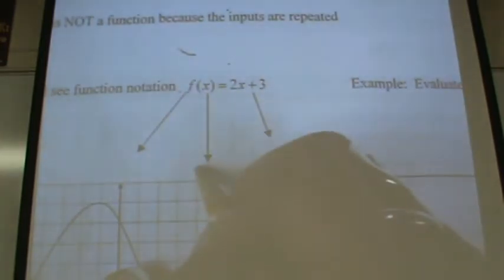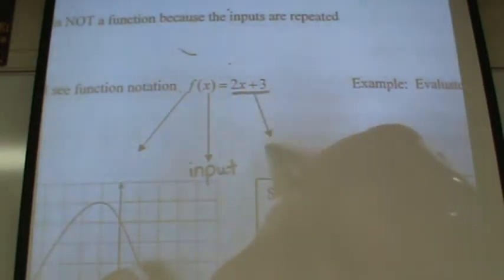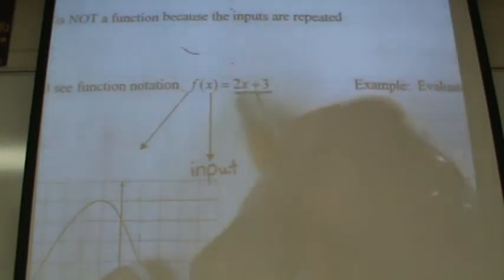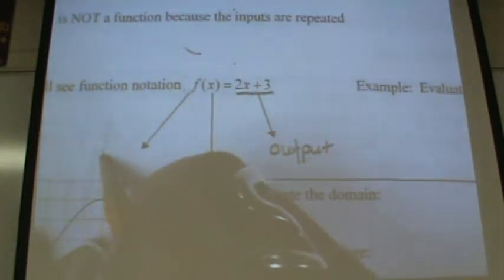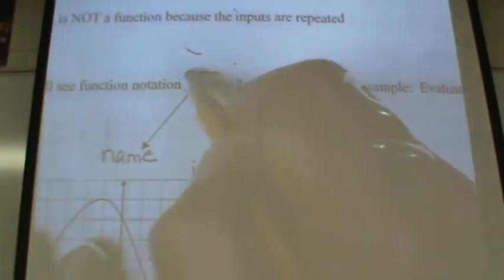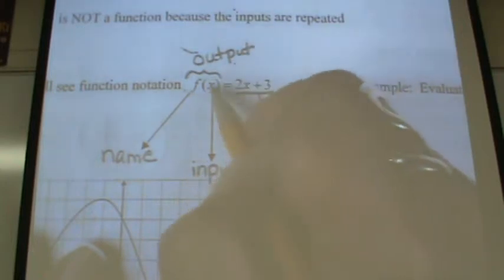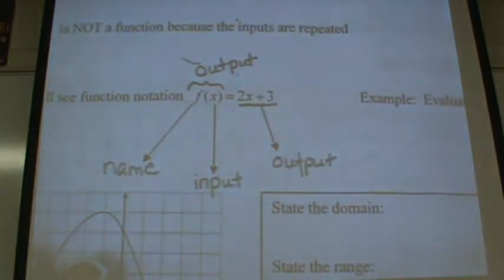So x is your input or your domain. The 2x plus 3 is your output. The f is the name of the function. And this f of x, this whole thing, is also your output. So your output equals your output.